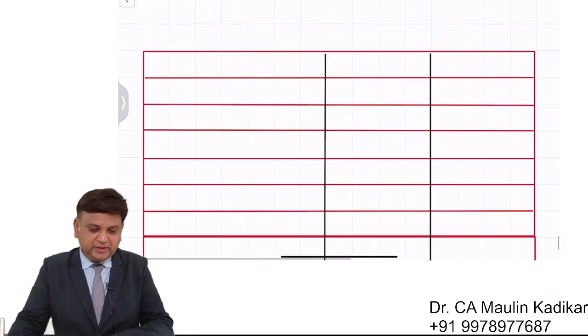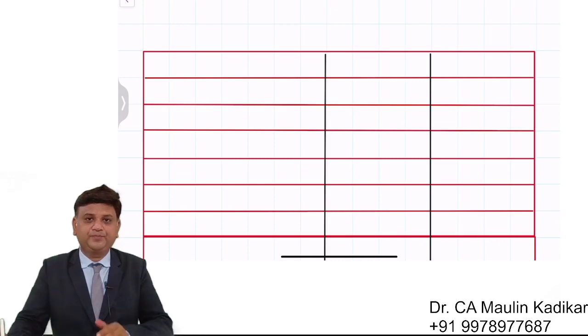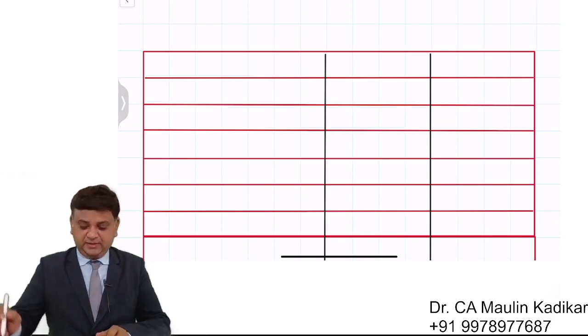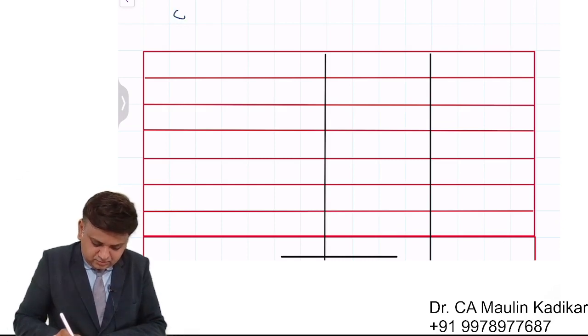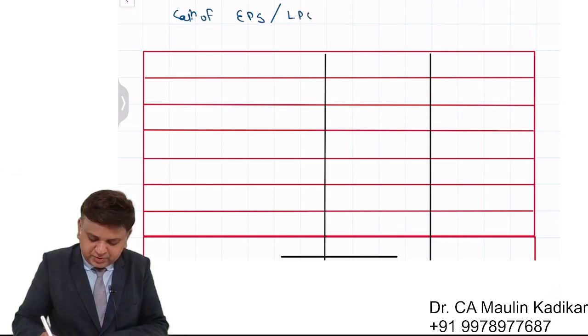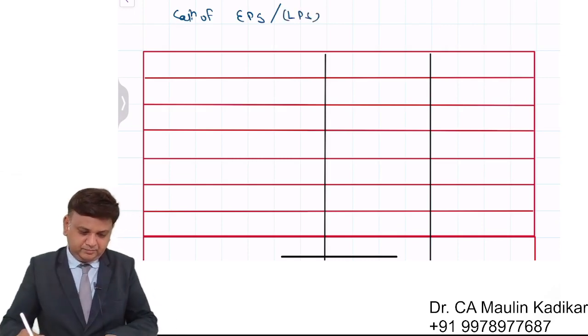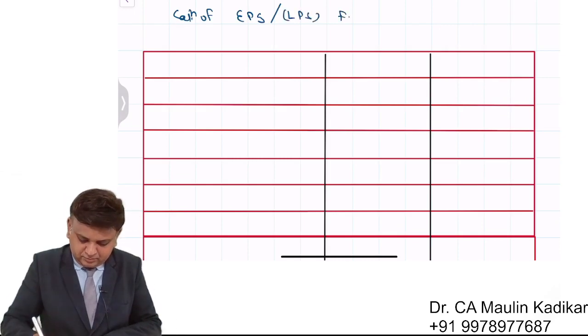So, friends, we are required to make the calculation of the earning per share or loss per share. That is the way we have to understand. So, write an answer. Calculation of earning per share or loss per share for each level of EBIT.